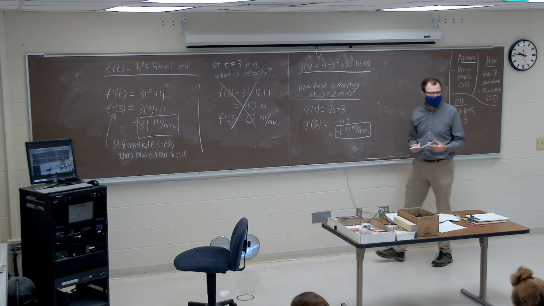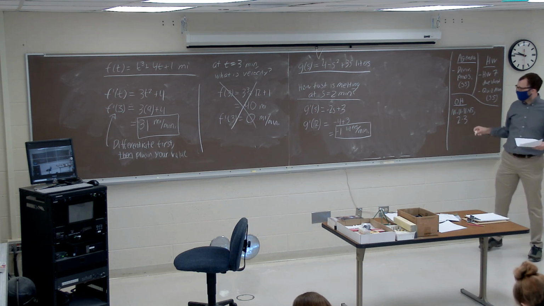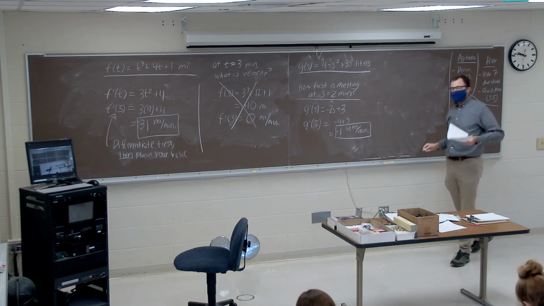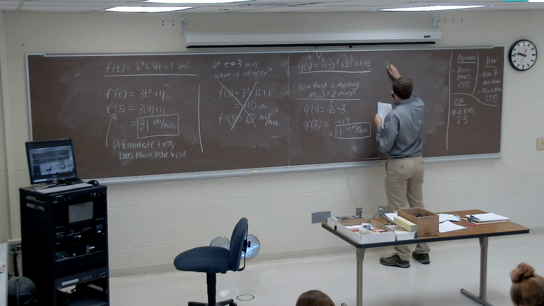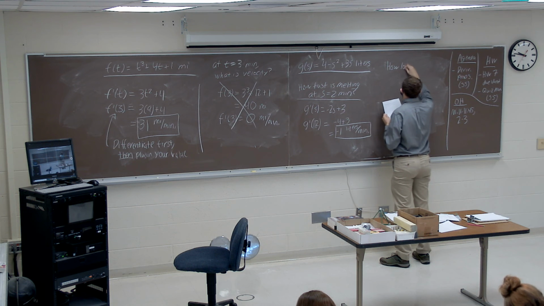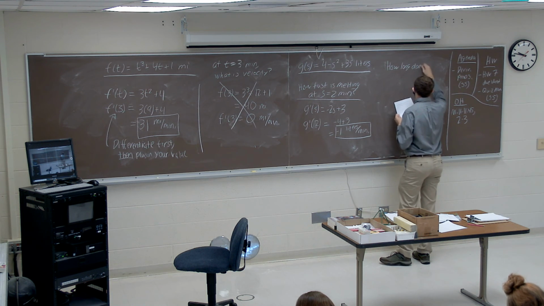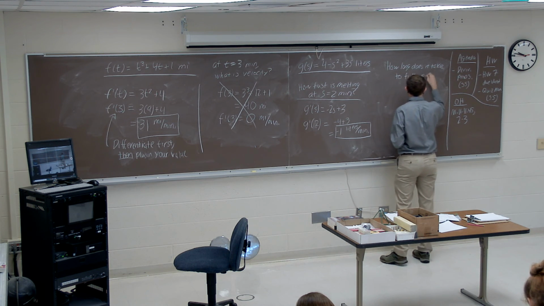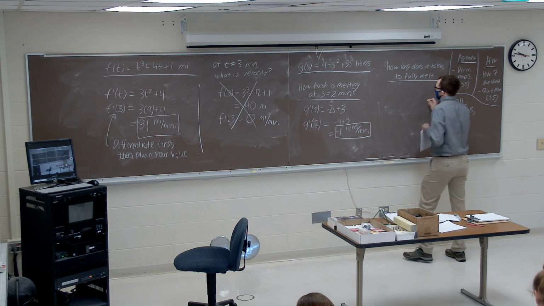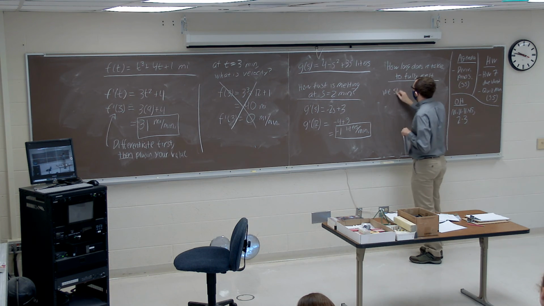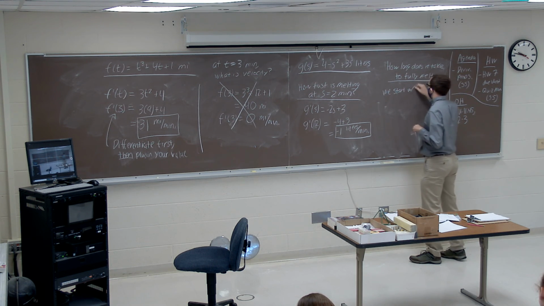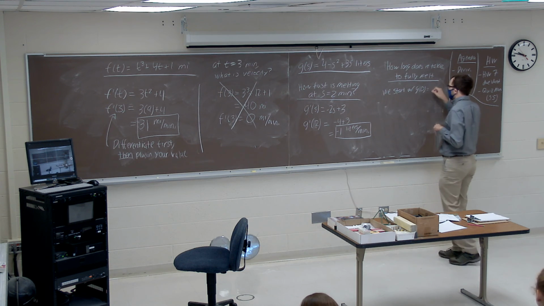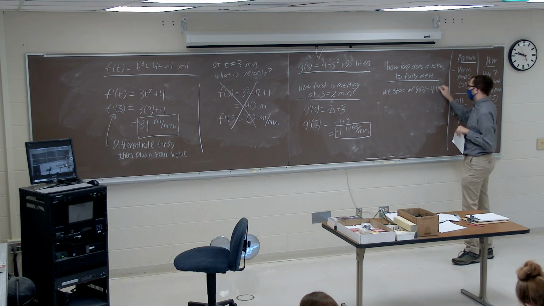This is going to be our running thing. Yeah, that's absolutely right, though. So the question was, how long does it take to melt? So we can say we start with g of 0 equals 4 liters.